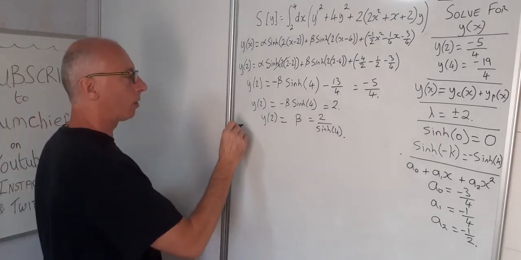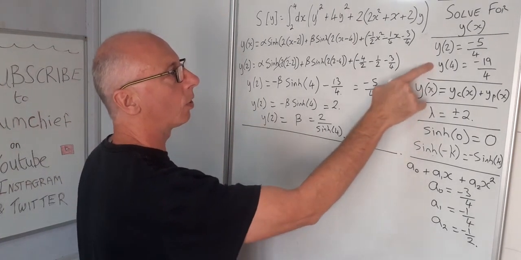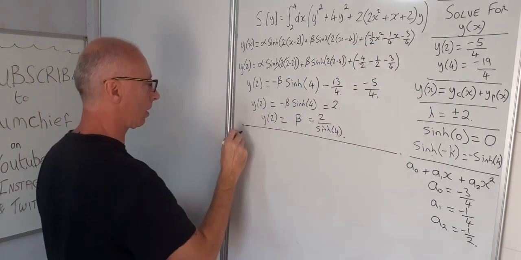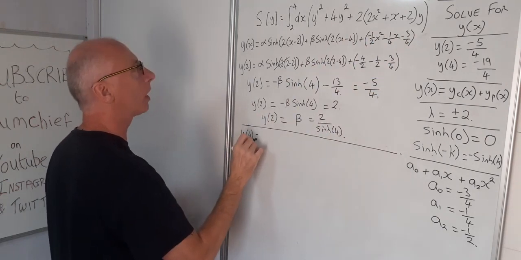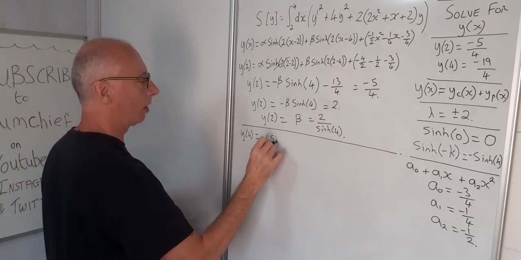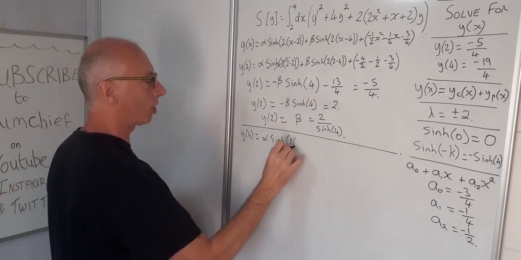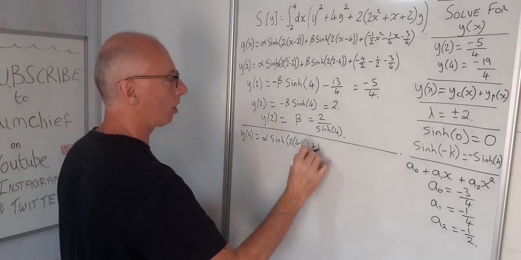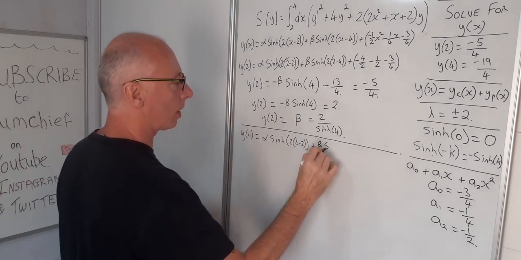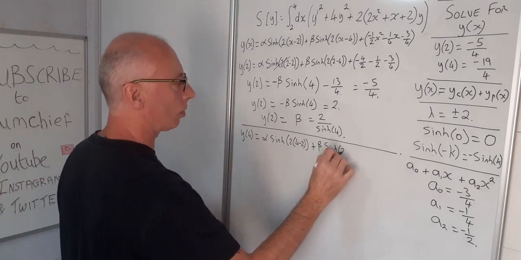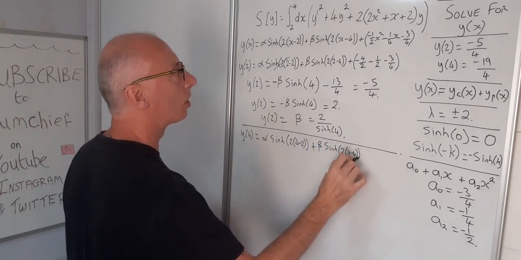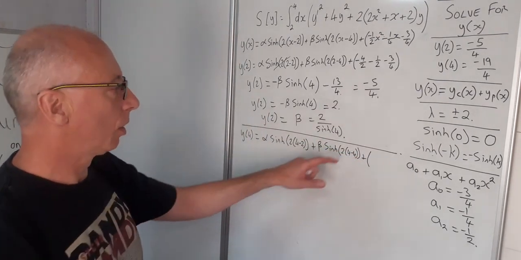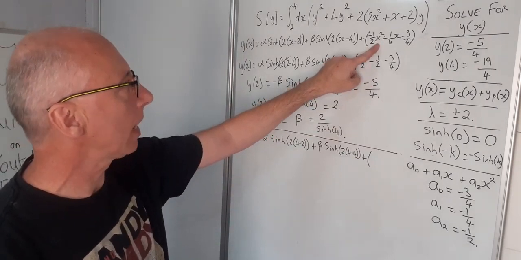So now we need the value when we've got y of 4. So that's minus 19 over 4, and plug in 4 into all these. So y of 4 equals alpha sinh 2 times 4 minus 2 plus beta sinh 2 times 4 minus 4 plus, now we're going to plug in 4 for all these x's.